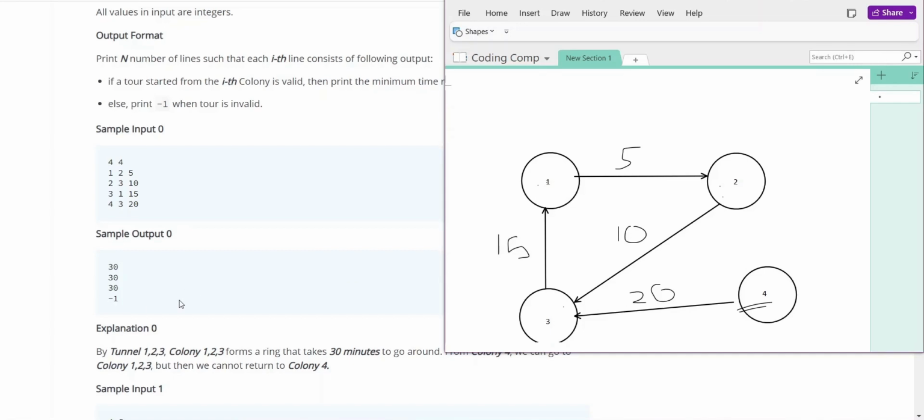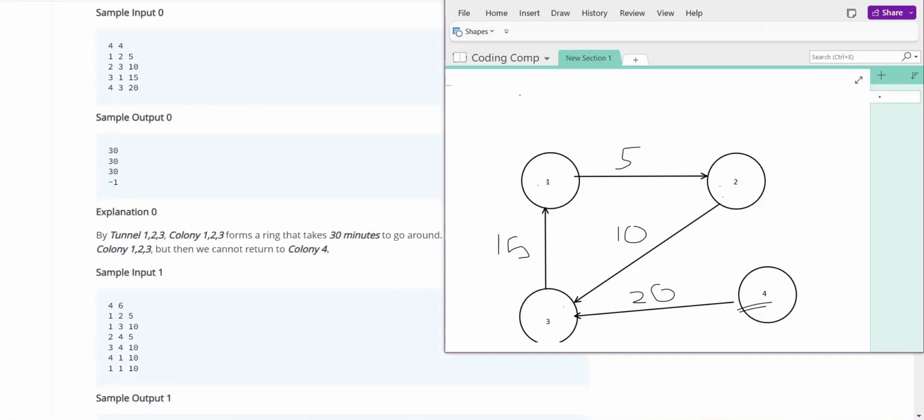Looking at the question, this is a directed graph, DG, and we need to find out the minimum time taken to travel through a loop.